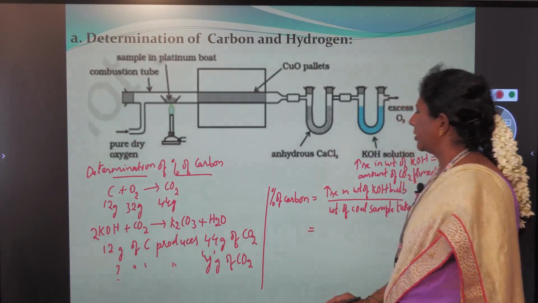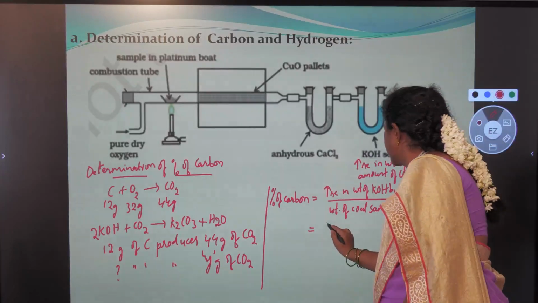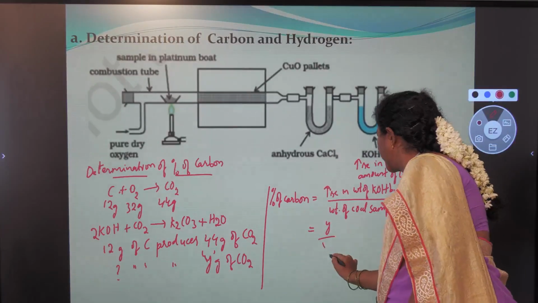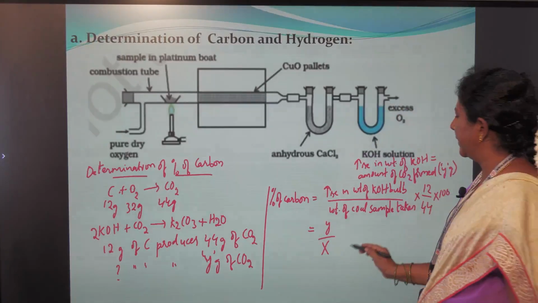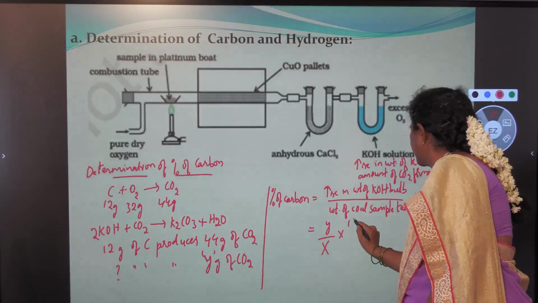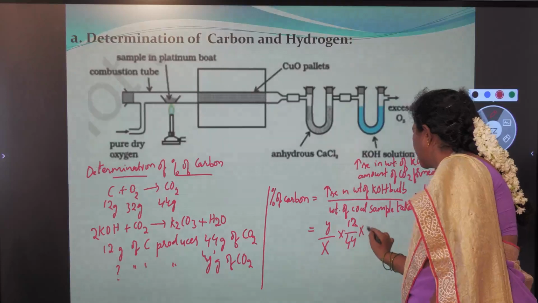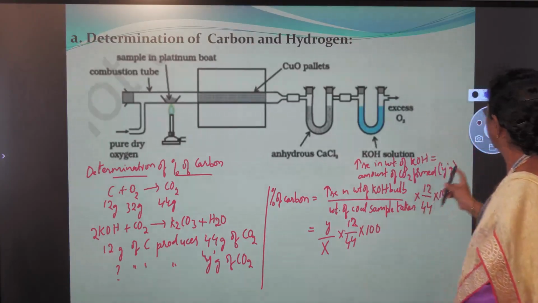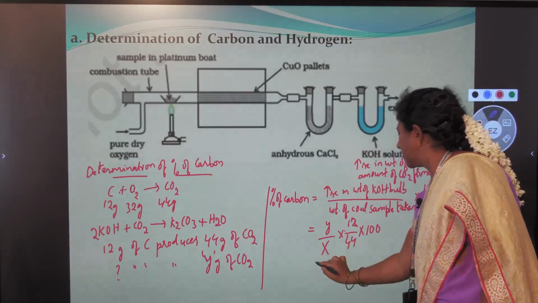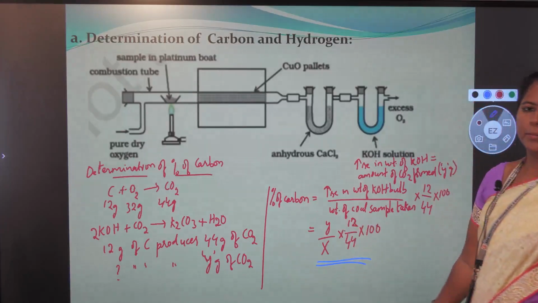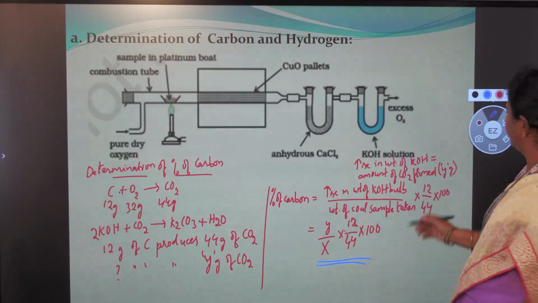So increase in potassium hydroxide bulb means nothing but Y grams by weight of coal sample taken X into 12 by 44 into 100. This is how we will be determining the percentage of carbon.